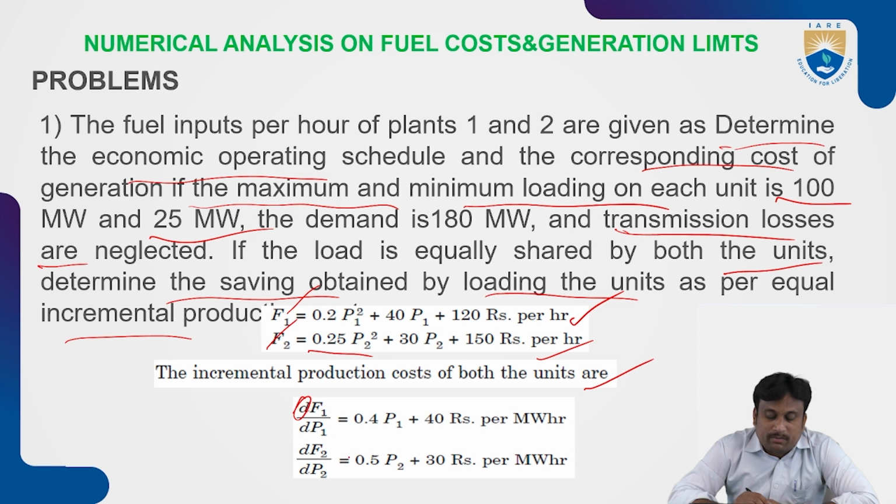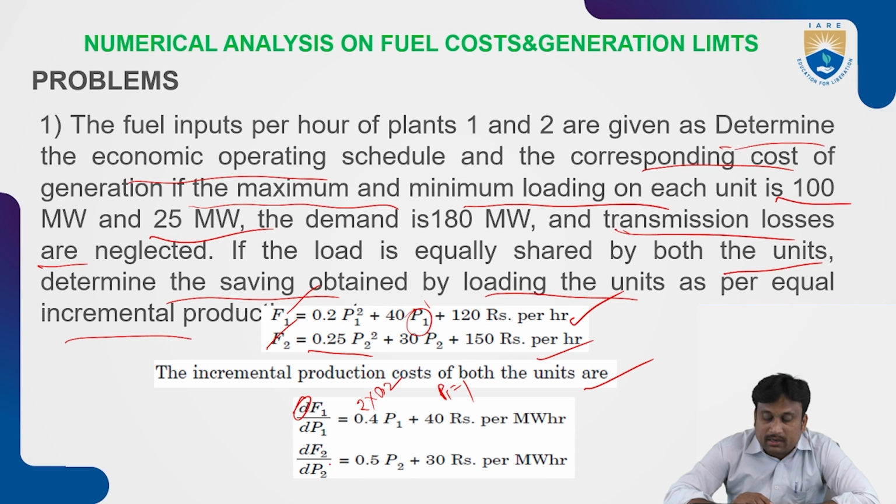So dF1 by dP1 equals to, when you consider this differentiation, the P square coefficient becomes 2 into 0.2, that is about 0.4. Here P1 becomes 1, that is directly 40 rupees per megawatt hour.